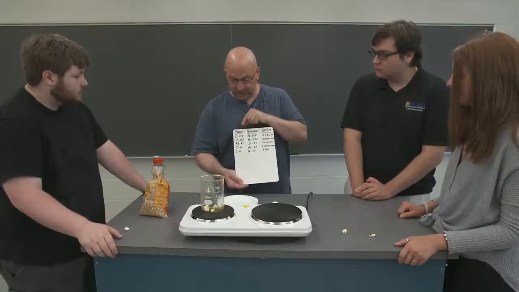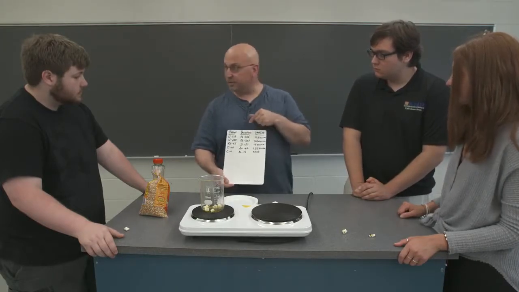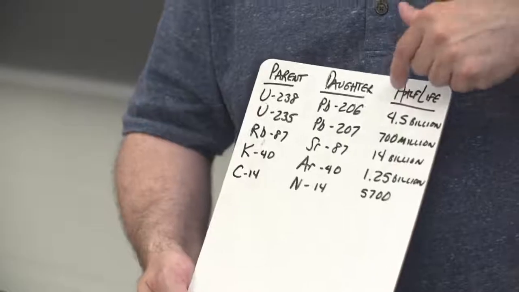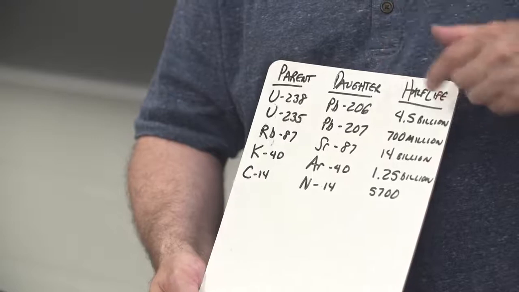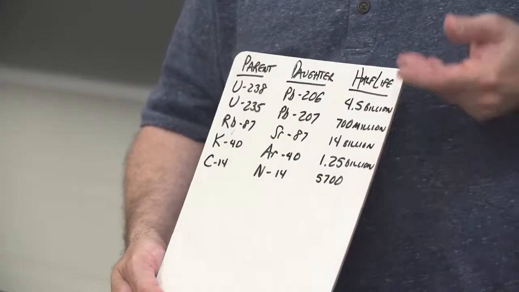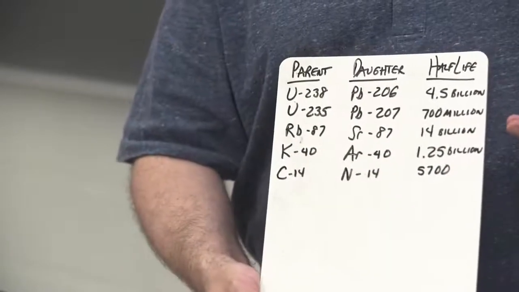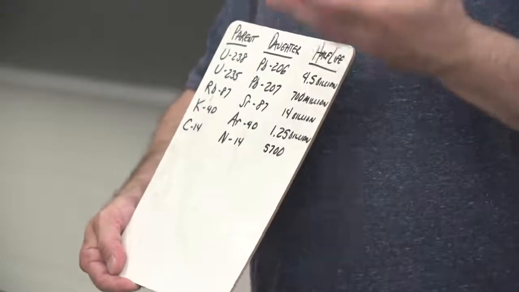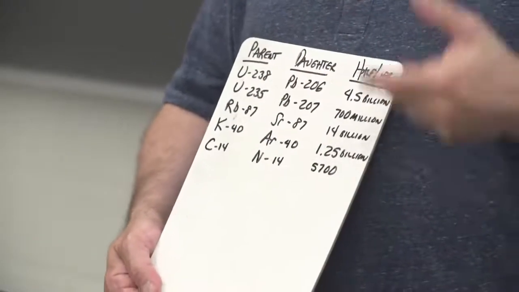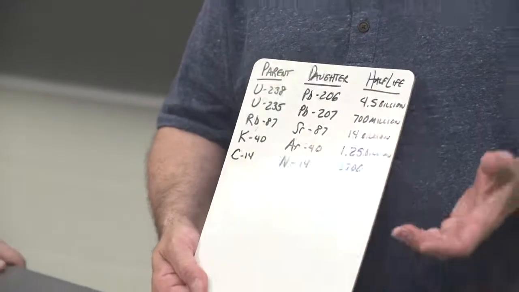So if we find uranium-238 and some lead-206, those two isotopes will be in a certain ratio or percentage, and half of the uranium will change into lead in 4.5 billion years. Some of these half-lives are quite long, which is great for geologists because the Earth is very old and we have very old rocks, and we want to look for these very long half-lives of these parent and daughter isotope pairs.